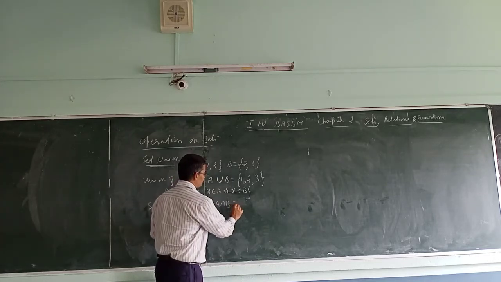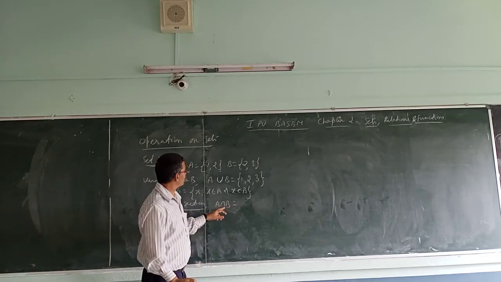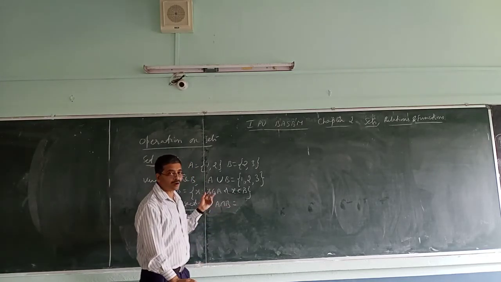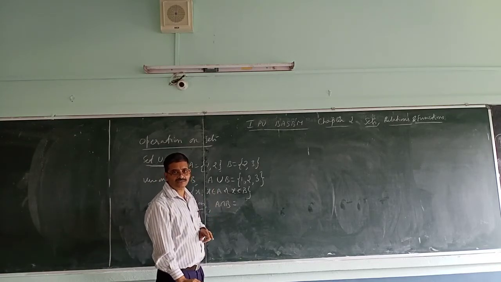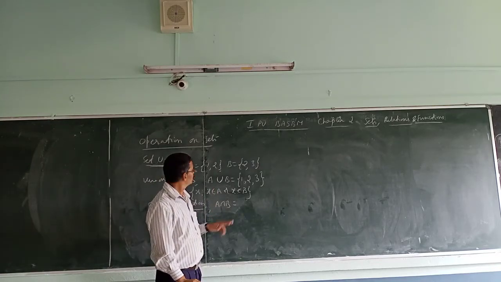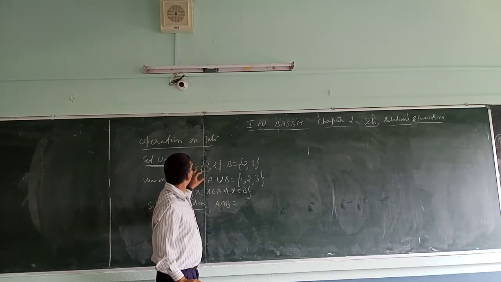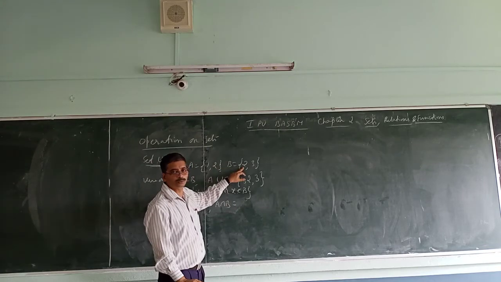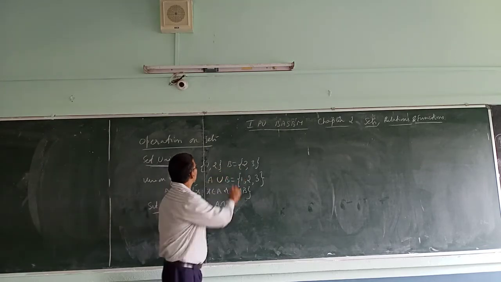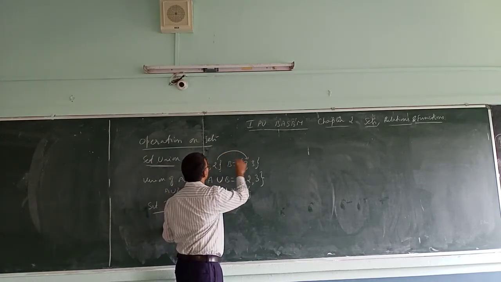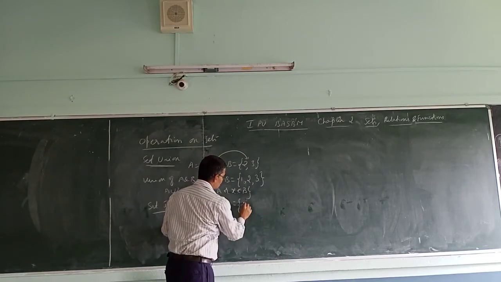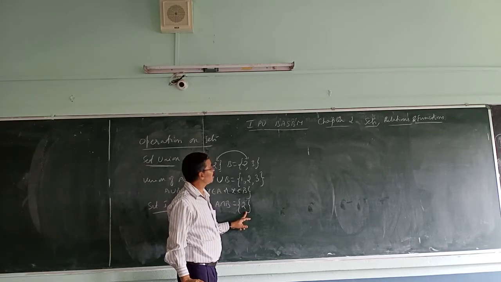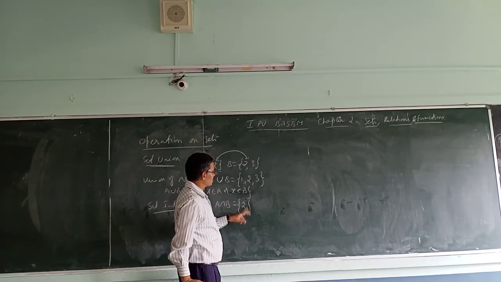A intersection B is a new set which will contain the common elements of A and B. So what are the common elements here? A contains 1 and 2, B contains 2 and 3. Common element is 2, which is in A as well as in B. So it is nothing but 2. This is a set formed from A intersection B.